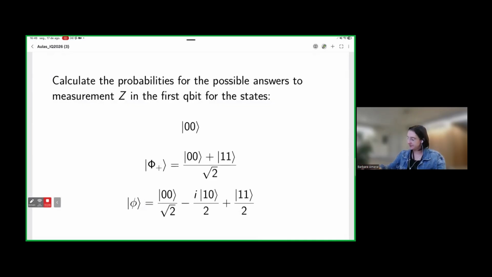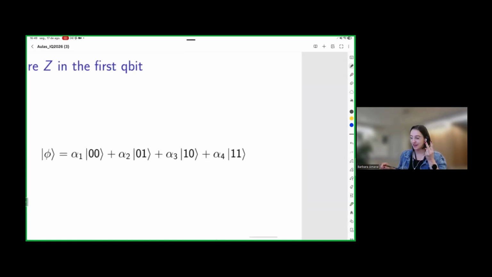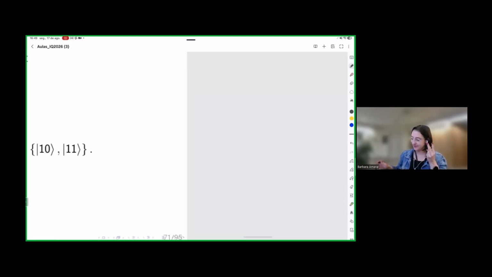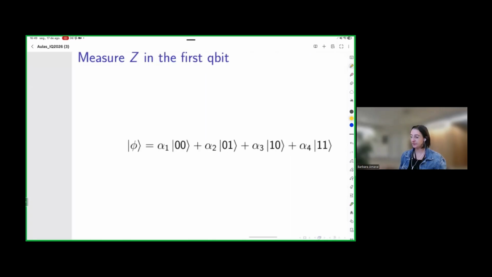So here, the probability of outcome 1. Remembering that I'm just measuring the first qubit, so I just have two outcomes, plus 1 associated to this eigenspace and minus 1 associated to this other eigenspace here.